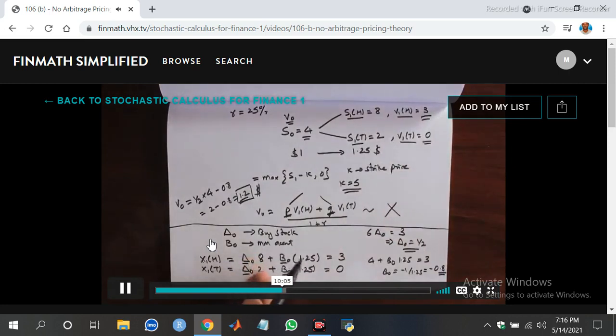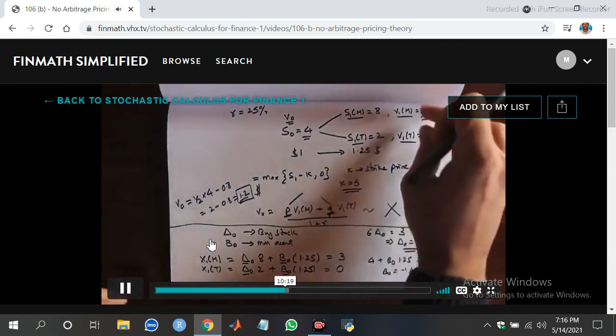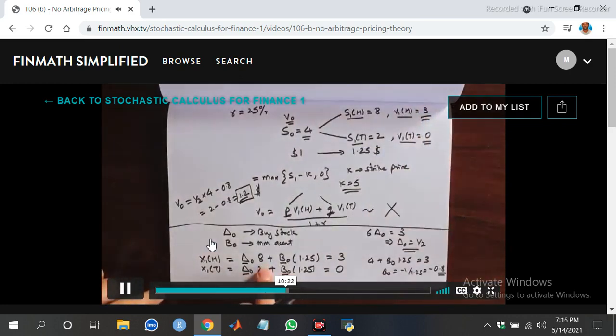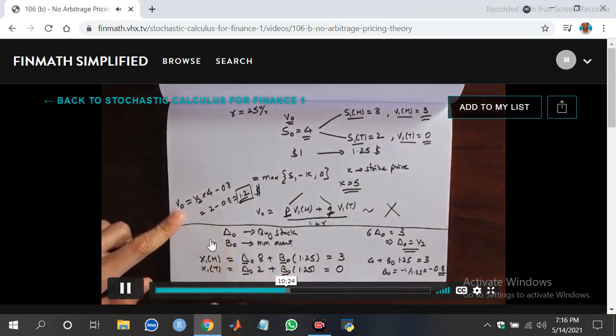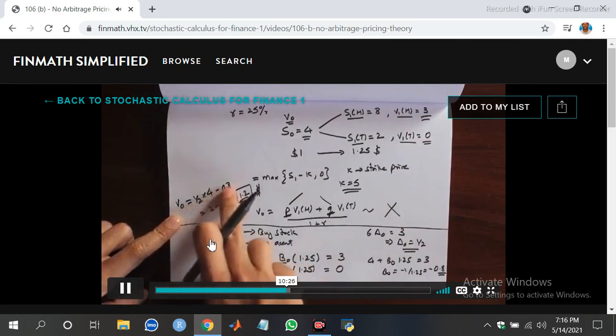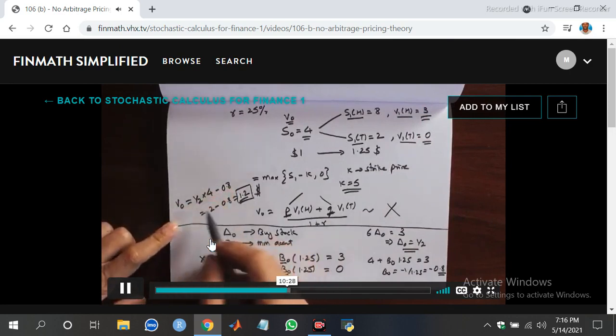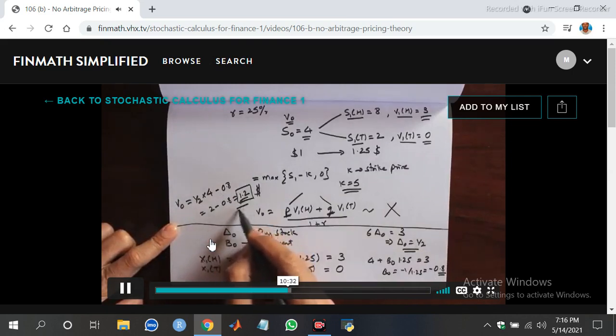We came up with 2 different equations and 2 unknowns. We solved for them, and we got delta naught as half and B naught as minus 0.8. Then we said, according to no arbitrage pricing theory, if there is a portfolio that replicates the option, then the value of that portfolio at time 0 should be the value of the option. We substituted these values, and we got the value of the option as 1.2.